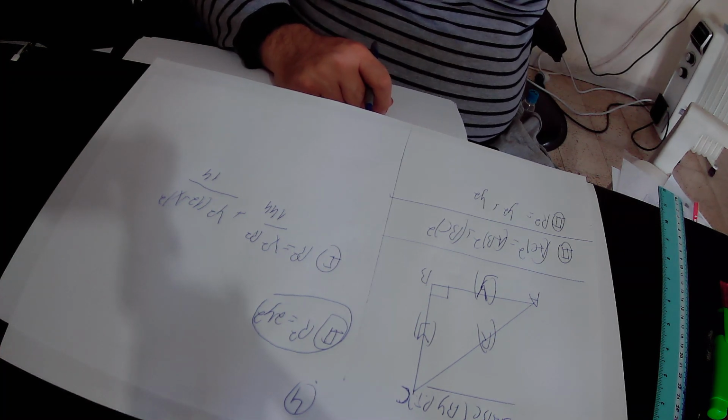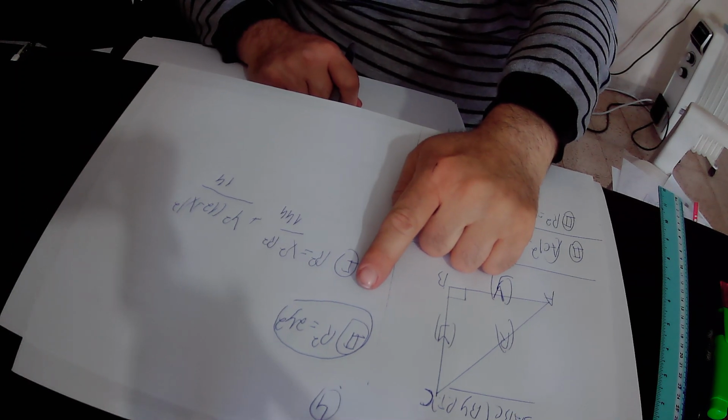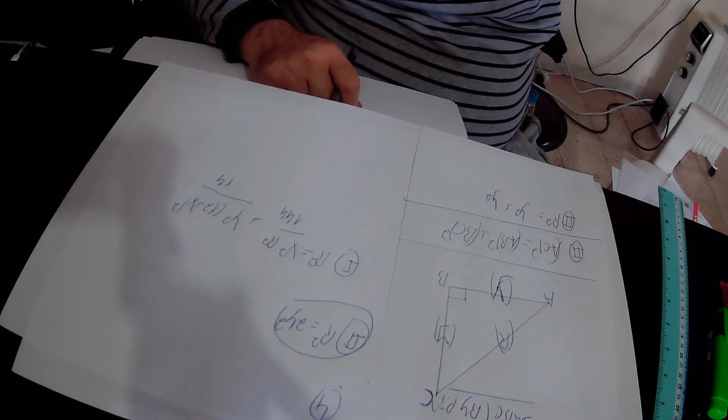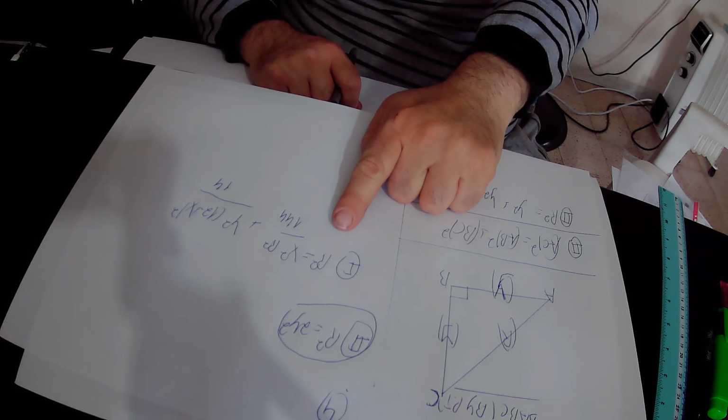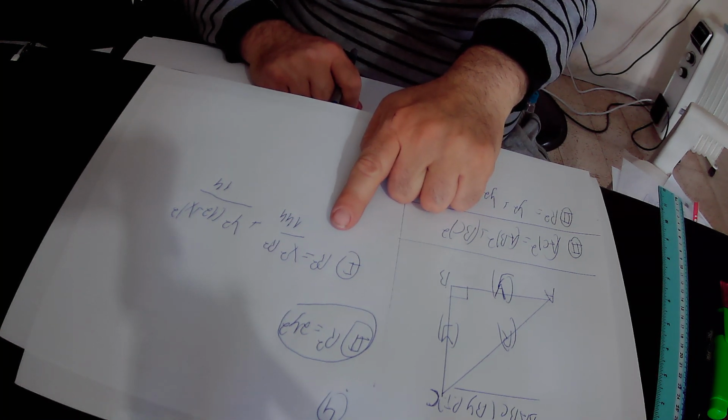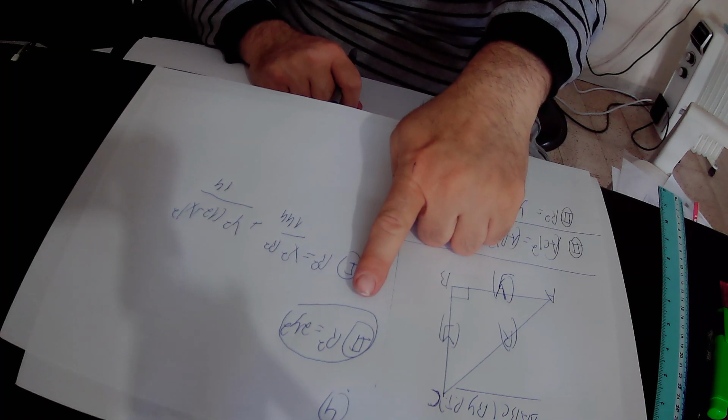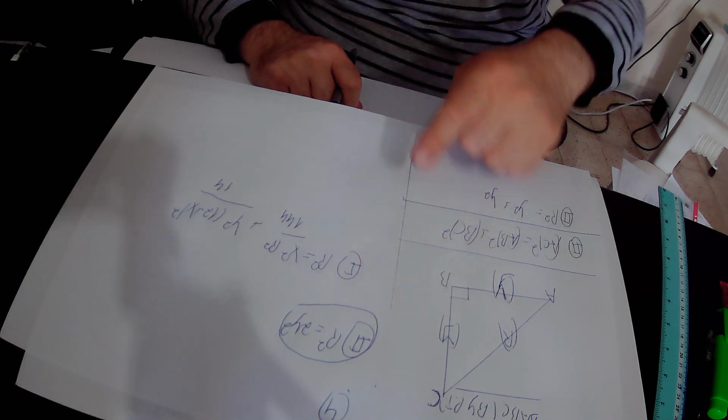Here we will substitute R squared in this equation 1 by 2Y squared, because according to equation 2, R squared equals 2Y squared.